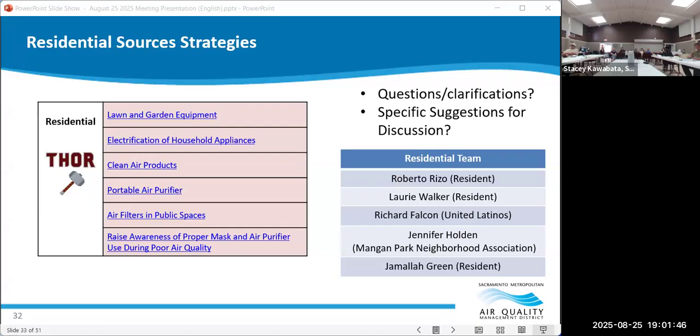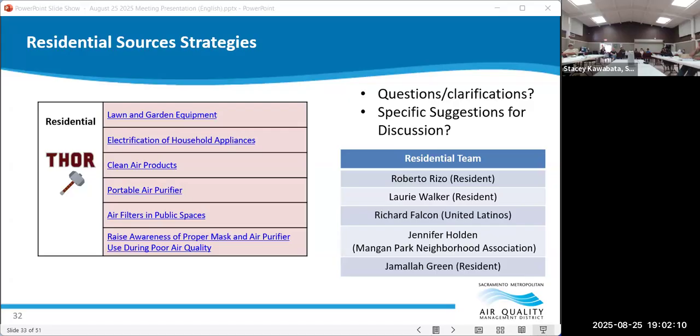Okay, seeing no questions for this one, it seems that we have 2 strategies for discussion. It is 7:01, so we have about 20 minutes for these discussion items. So I think we'll do 10 minutes for each. And we will start off just in chronological order. We'll start off with electrification of household appliances.